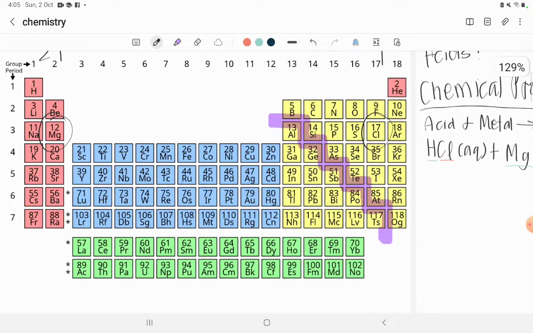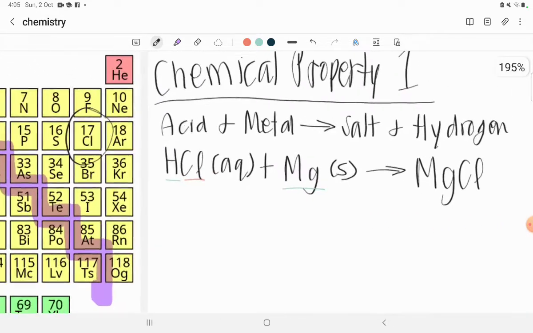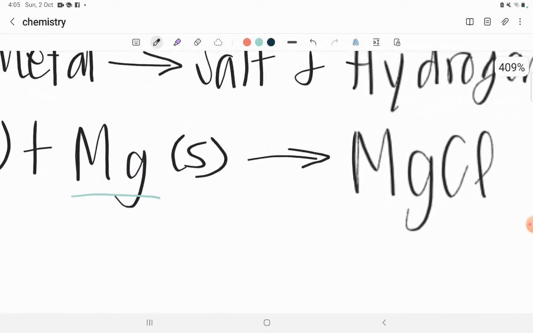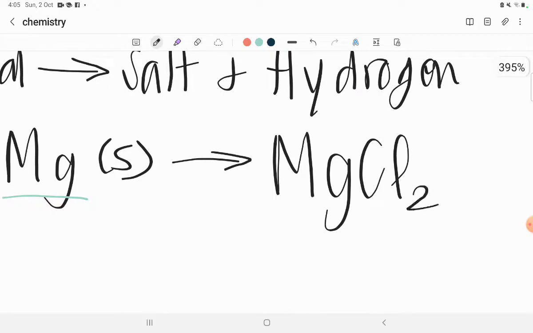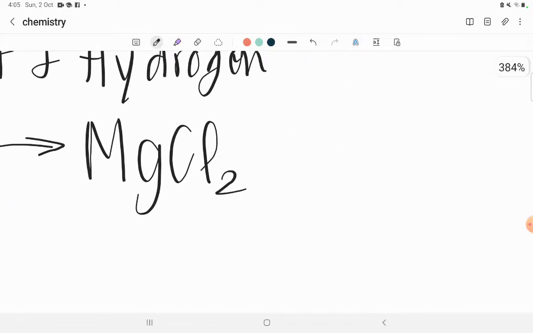So 1 chlorine will not be enough to match up with a magnesium. Therefore it needs 2 chlorine. So we need 2 chlorine over here, and that substance, magnesium chloride, would be an aqueous substance.